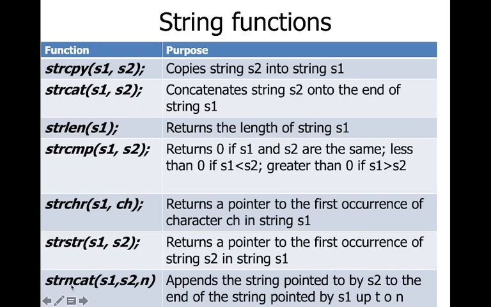Then we have strncat. There is strncpy also. We have strn concatenation also: strncat of S1 comma S2 comma N. It is similar to strcat. It concatenates S2 to S1. Here it appends a string pointed to by S2 to the end of the string S1 up to n characters only.